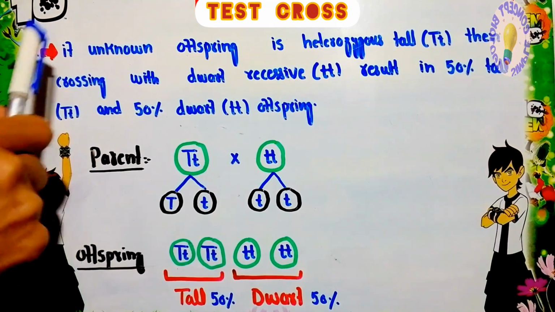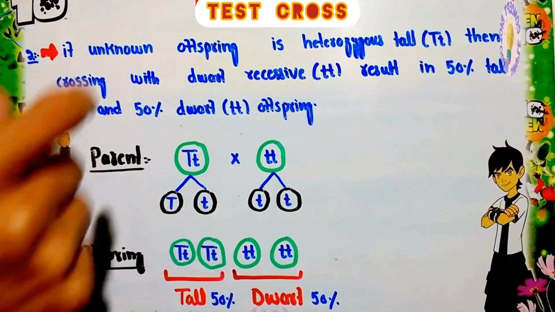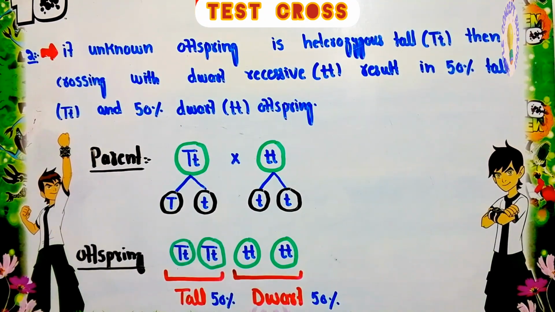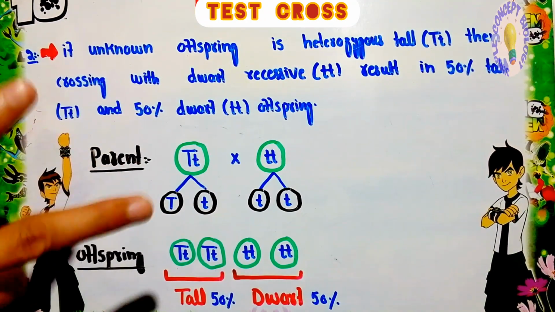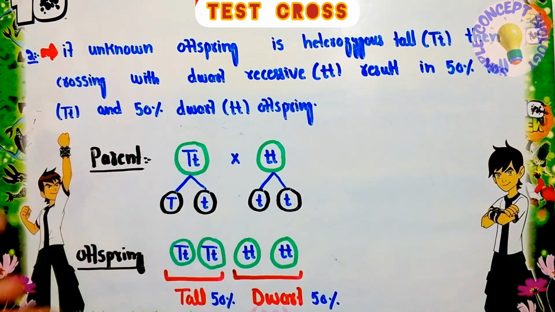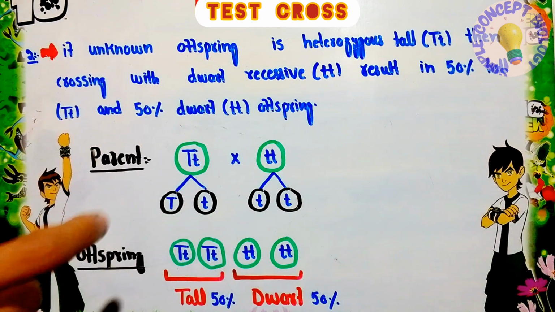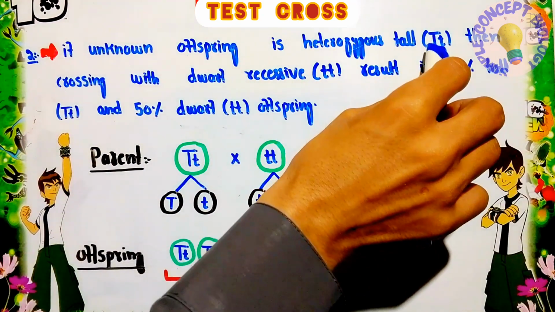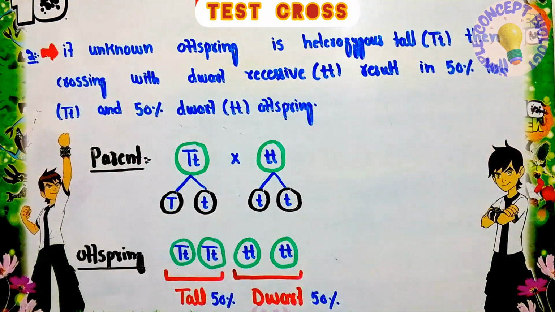The second case is if we cross this F1 generation with a recessive parent and in the final result we get two types of offspring: 50% tall plants and 50% dwarf plants. From this we can conclude that the genotype of the F1 generation is capital T and small t, which is heterozygous.